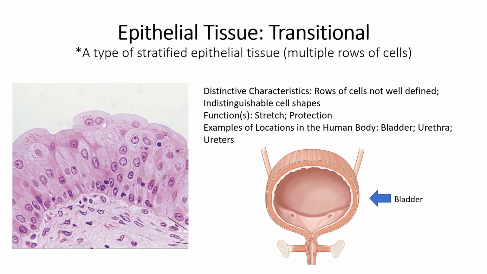They're just not well defined, and the cells are not any one particular shape in each row, right? Which kind of adds to the fact that the tissue looks kind of all jumbled up, right? Because when we think back to the simple columnar epithelial tissue, all the cells were those perfect rectangular column-shaped cells, right?